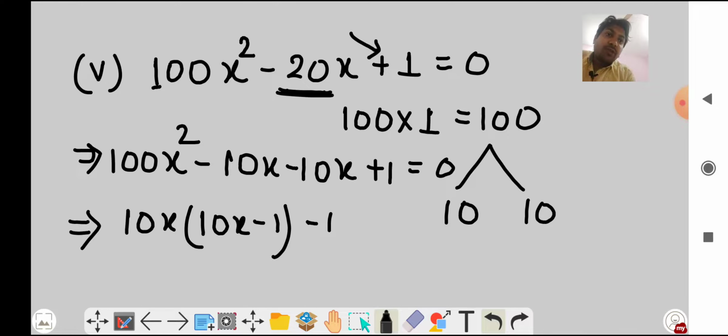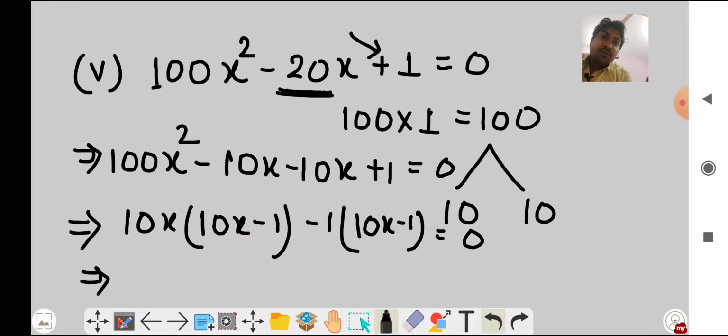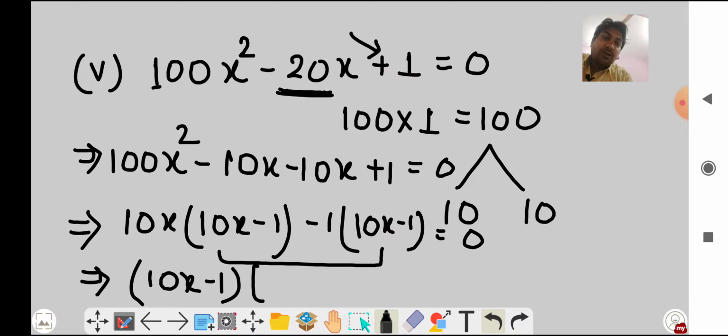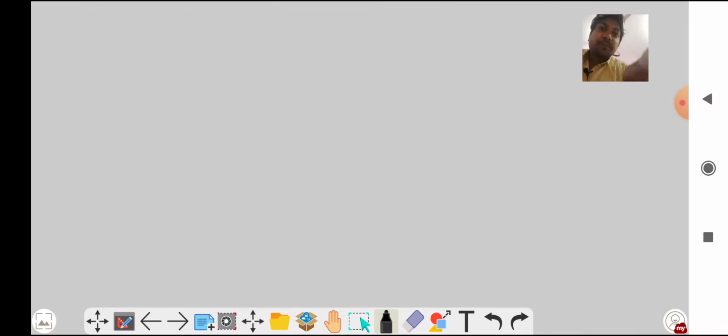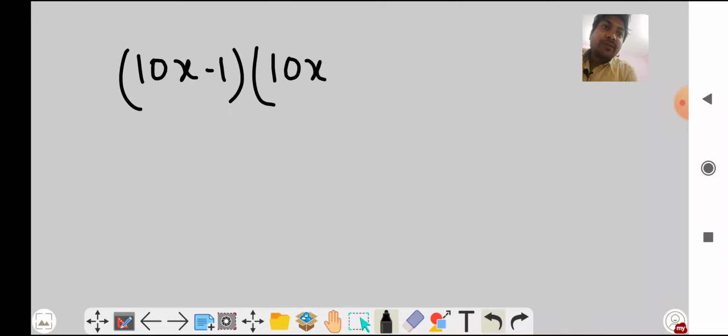Here we can take minus 1 common, 10x minus 1 equals to 0. From these two terms, 10x minus 1 is common, so here it is 10x and here is minus 1 equals to 0, right? Or you can say 10x minus 1 into 10x minus 1 equals to 0.